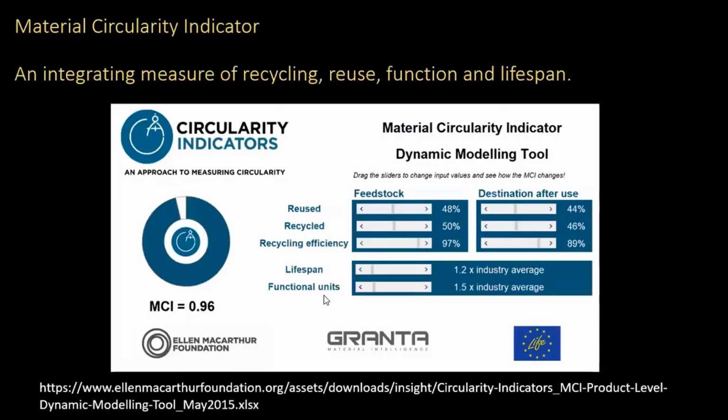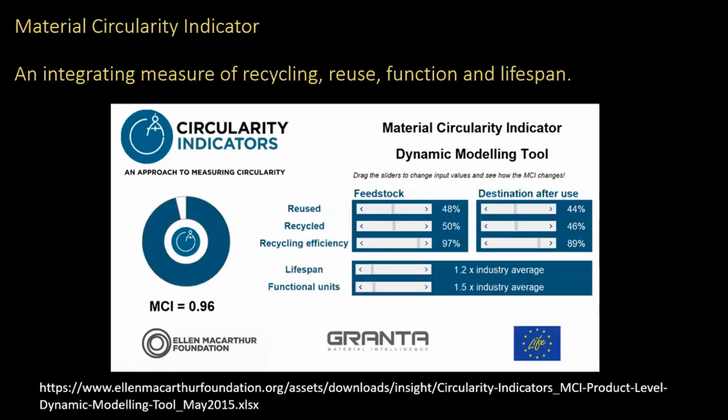So one last thing on the indicators. One way of trying to resolve all of those, the recycled content, the reuse, the recycling and end of life, the efficiency, is something like the material circularity indicator.